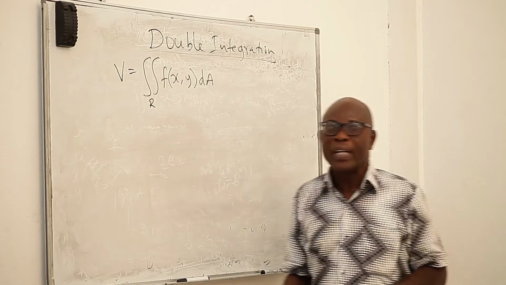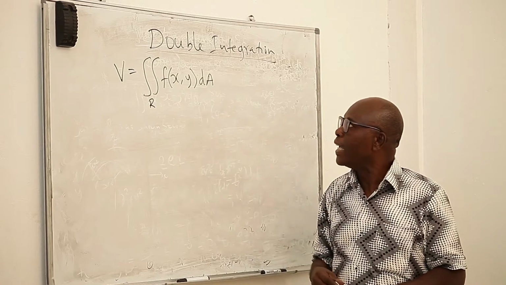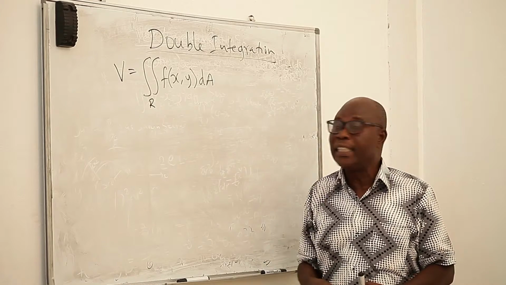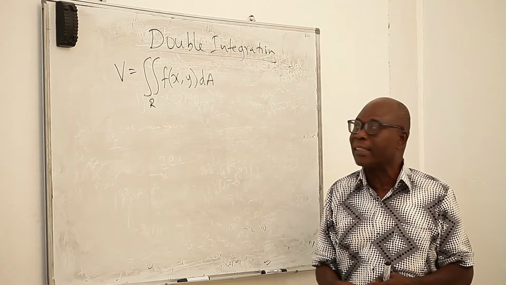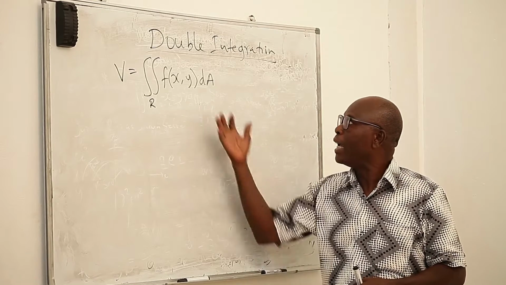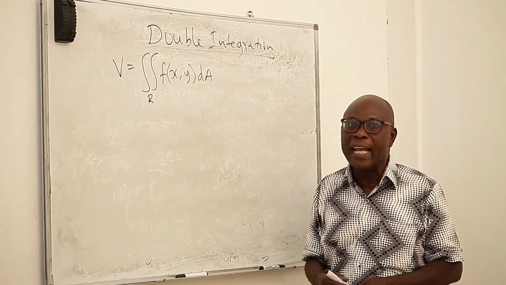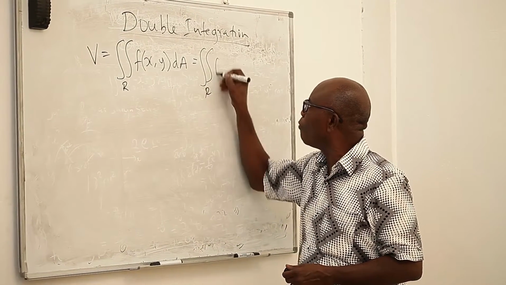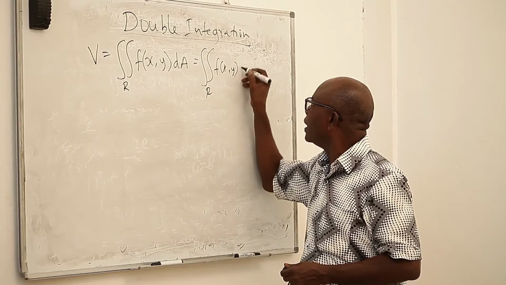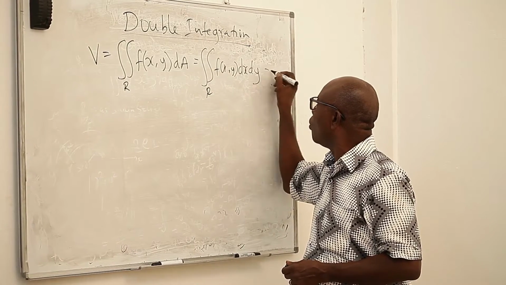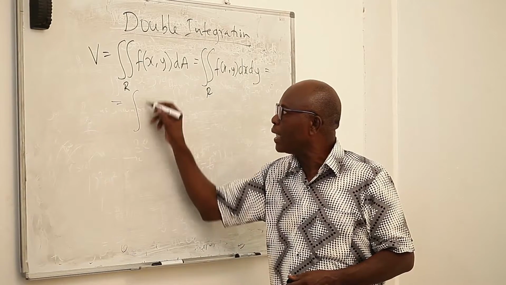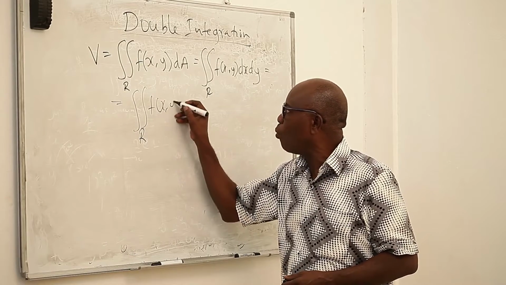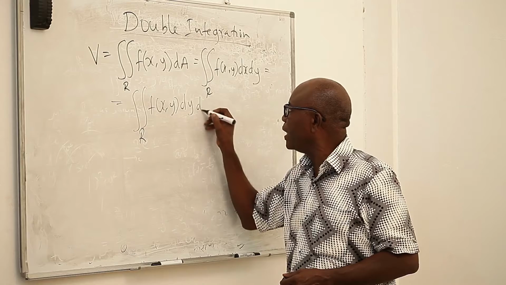Since A measures the area over which the surface lies, we can always put dA into two forms: either f of x, y, dx dy, or the double integral over the same region, f of x, y, dy dx.